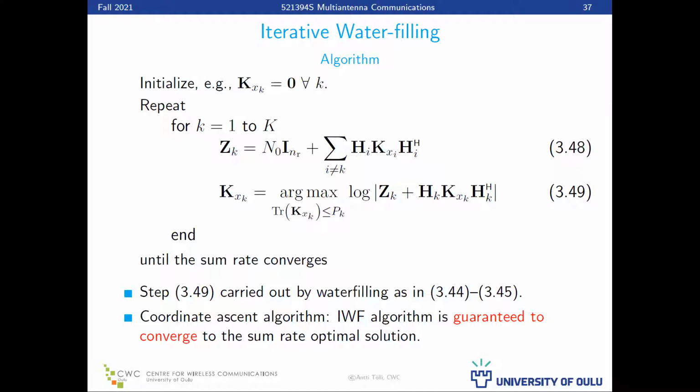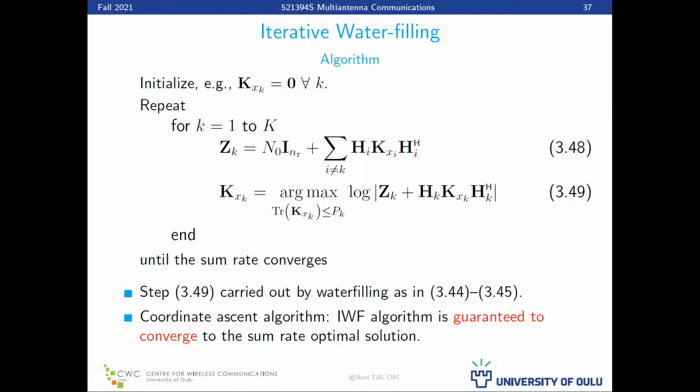K goes from 1 to K. Since we have assumed in the beginning that you can initialize this with whatever values, it still works, but you can very well start with 0. It could be a random matrix, a random PSD matrix that meets the power constraint, that is feasible, still guaranteed to converge monotonically.